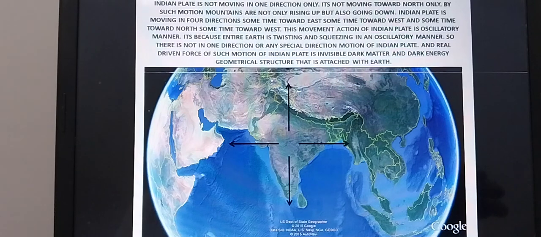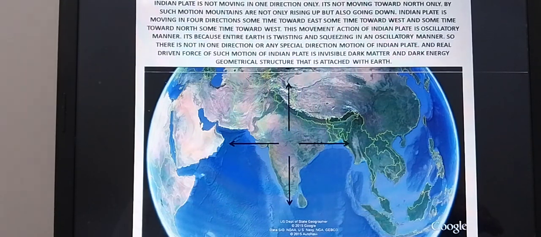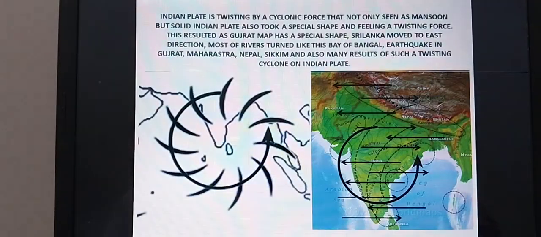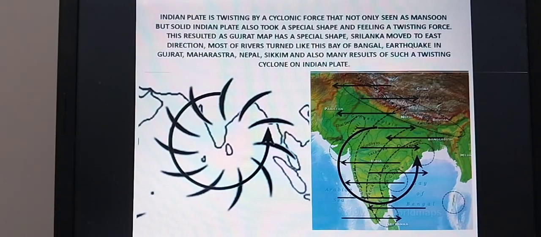And the real driving force of such motion of the Indian plate is an invisible matter and energy geometrical structure attached to the Earth. So India is surrounded by a big cyclone. The Indian plate is twisted by a cyclonic force that is not only seen as monsoon, but the solid Indian plate also took a special shape.